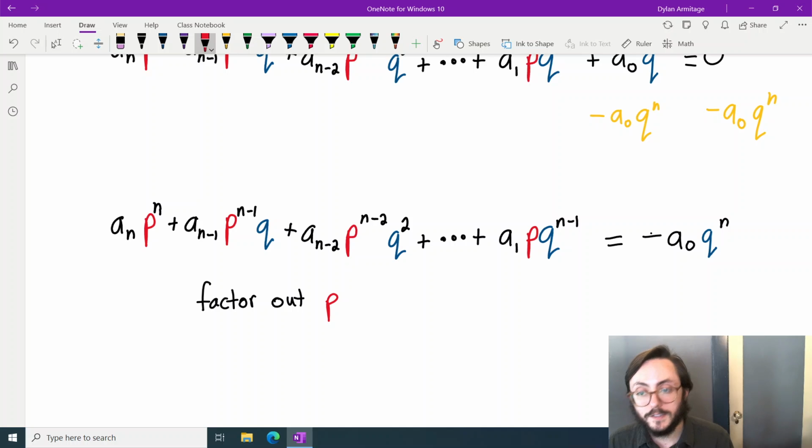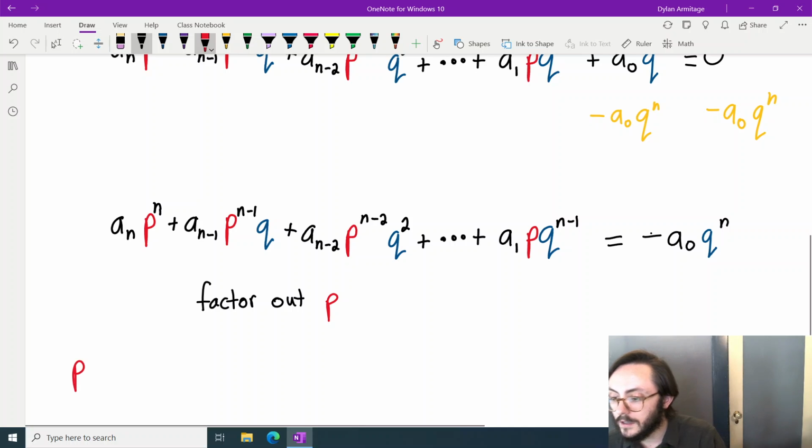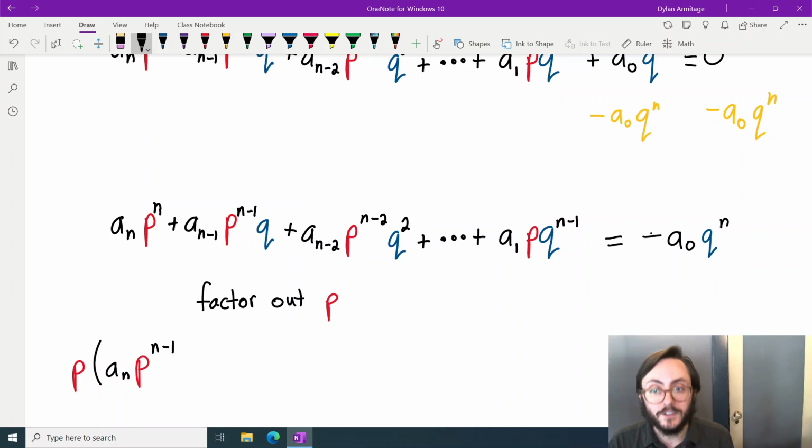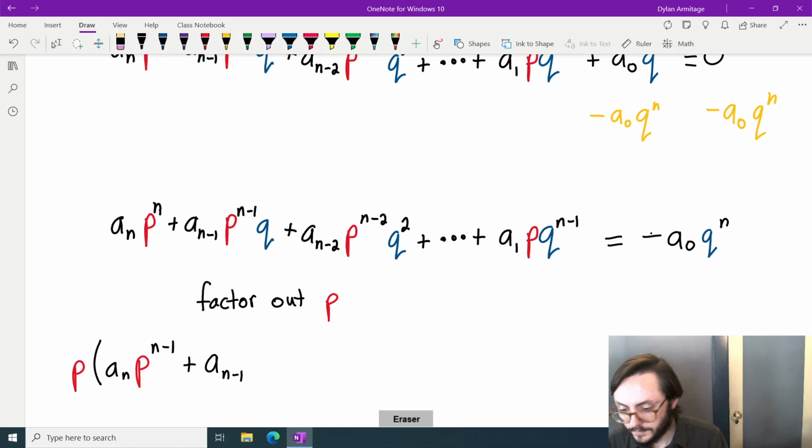From just the left-hand side. Okay, so we have p times a sub n times p to the power of no longer n, but n minus 1, because we had factored that out, plus a sub n minus 1 times p to the power of, no longer n minus 1, but now n minus 2, because we took 1 out.